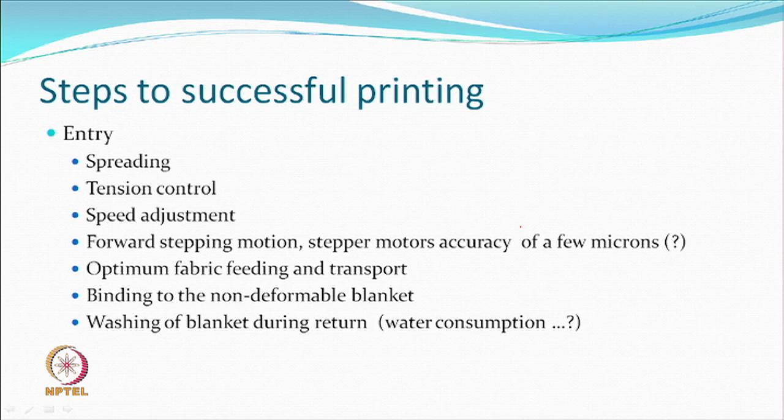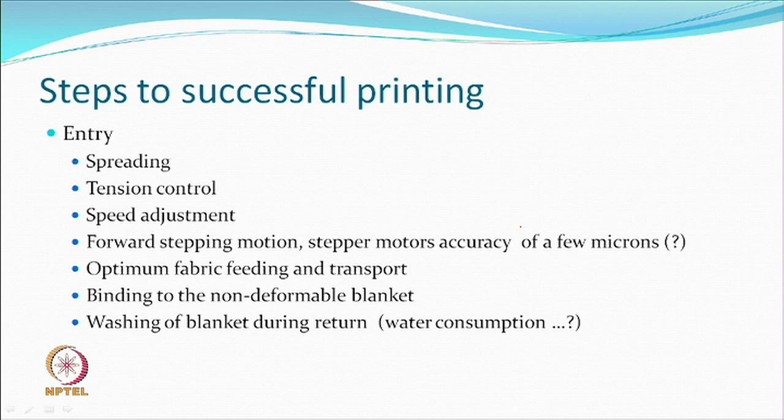It would have a tension control system, so that the fabric actually is being fed correctly. Adjustment of speed may have to be done based on the print head systems and conveyor. This is definitely controlled. So, what do you do?